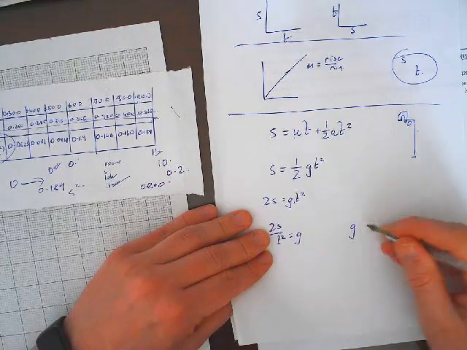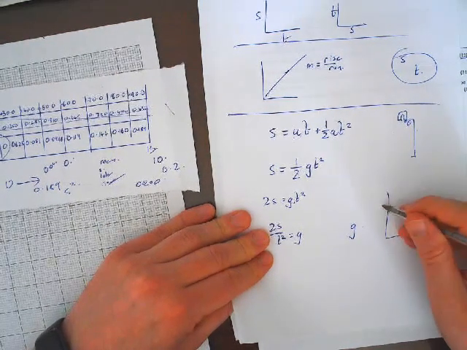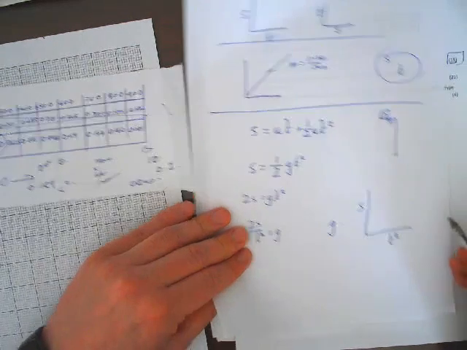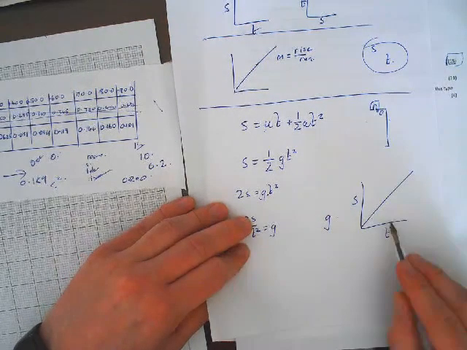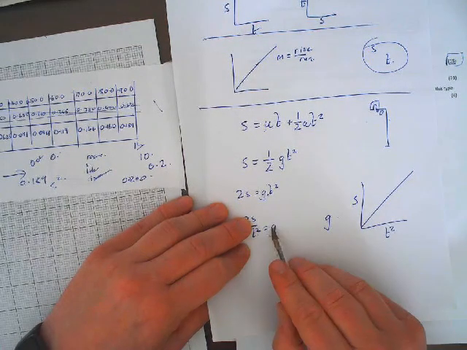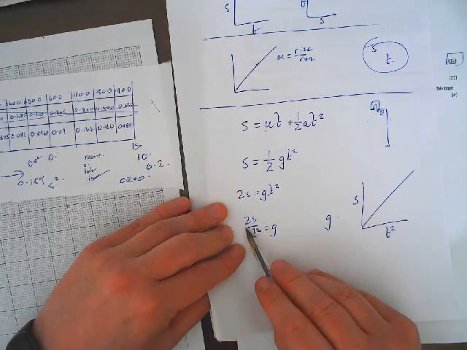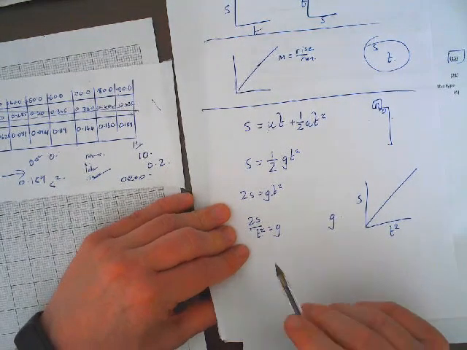Now let's think back to our graphs. We're looking for acceleration. If we were to graph s on the y-axis and the square of our time value on the x-axis, now we've got a situation where the slope, the rise over run, s over t squared, will give us not quite gravity, but it will give us half of gravity, because twice the slope is the acceleration due to gravity.